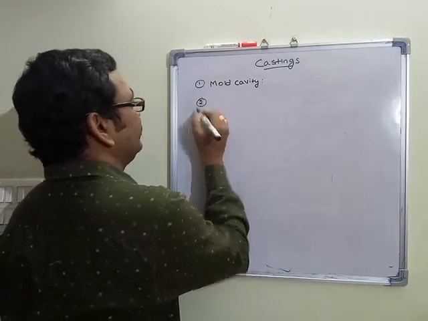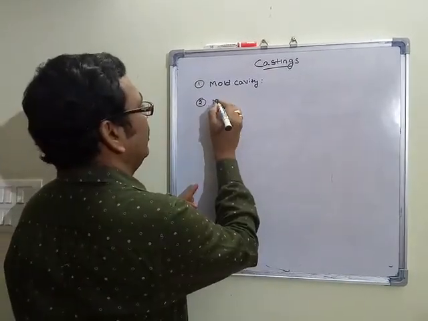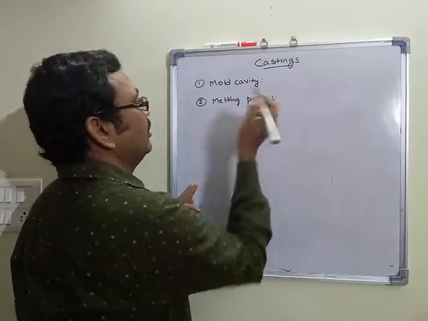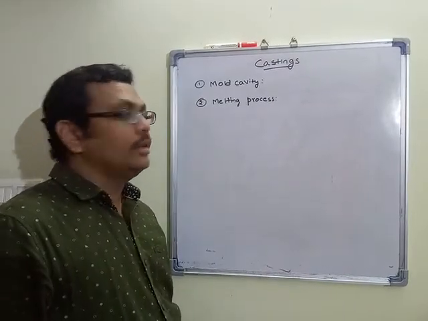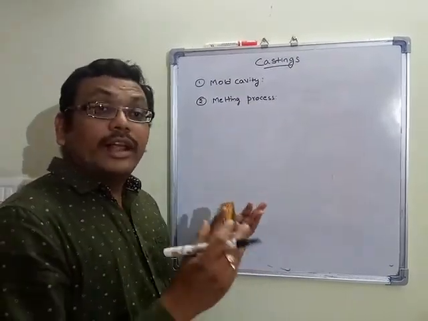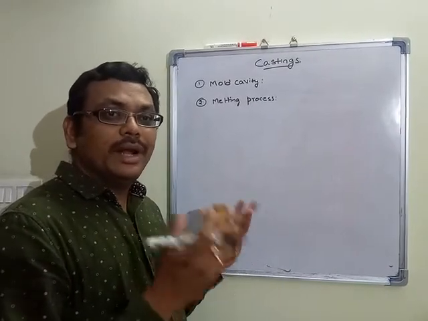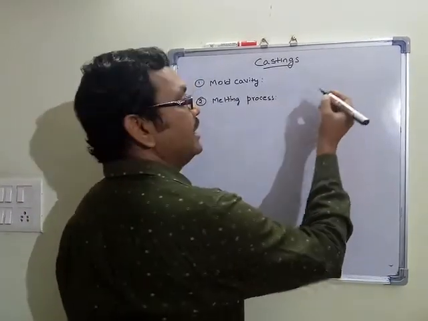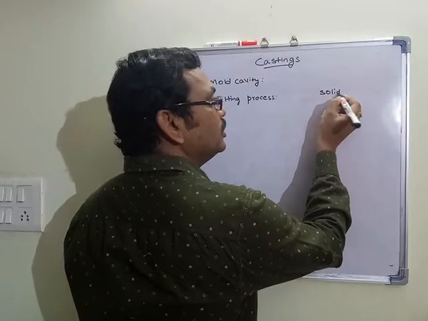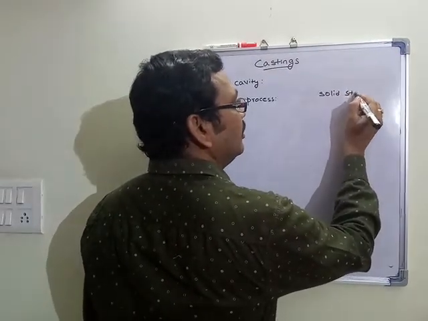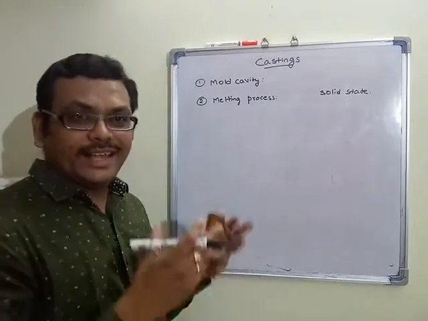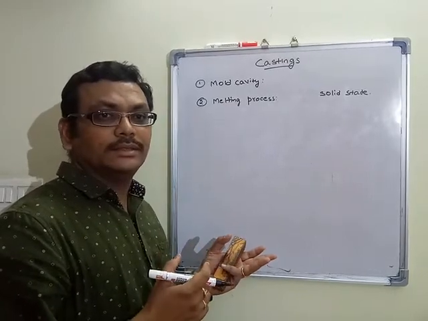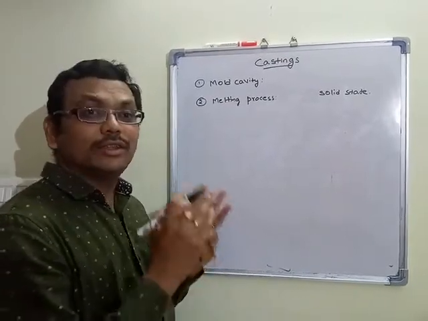Next, melting process. So in this, the required material should be melted. It should be in a liquid form. Actually, in normal cases, material will be in the solid state. If you take cast iron, steel, aluminium, brass, bronze, all these will be in the solid state.